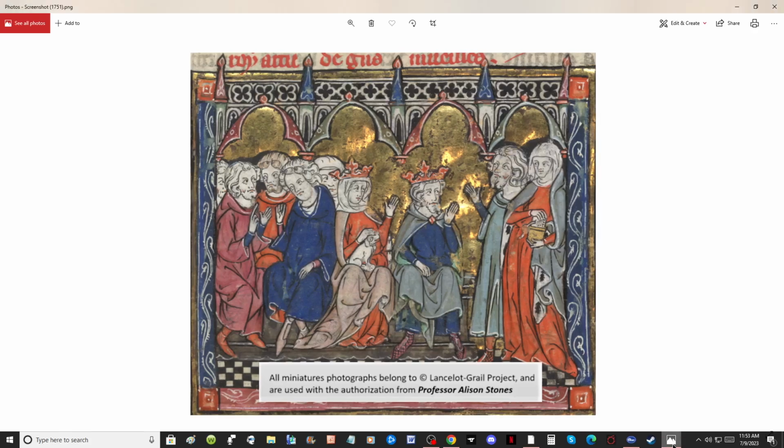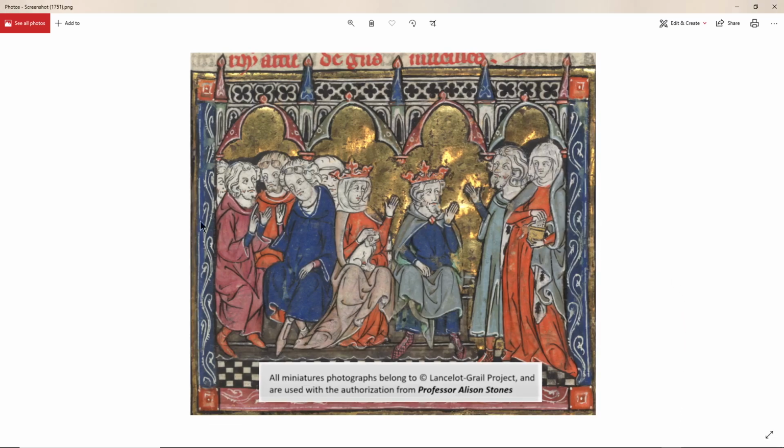Now, Olivier has been studying these miniatures that come from the Rochefoucauld Grail. The image I'm going to be using is a high resolution image that was given authorization by Olivier, through the Lancelot Grail project.